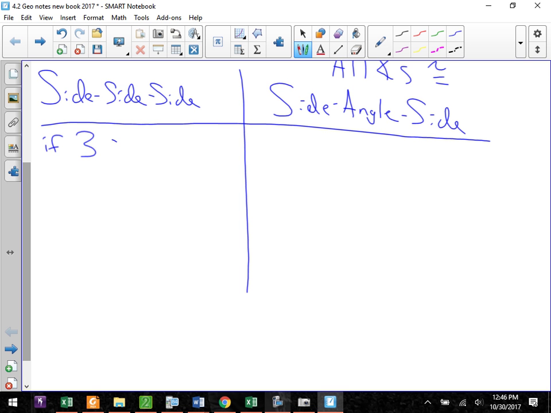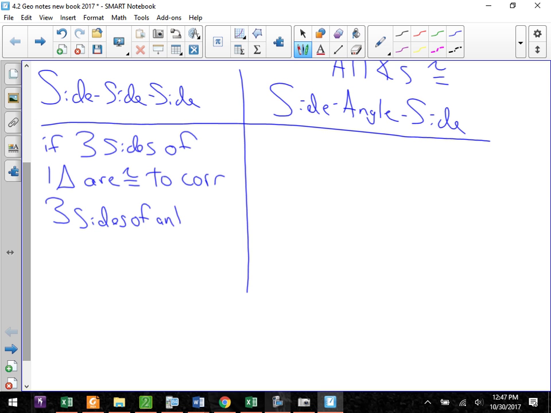If 3 sides of one triangle are congruent to the corresponding 3 sides of another, then triangles are congruent. It's super easy to show you with a diagram.